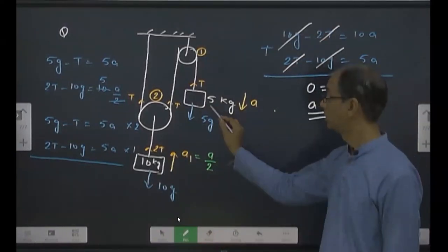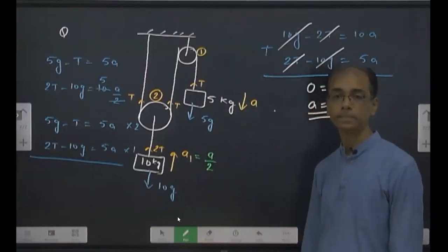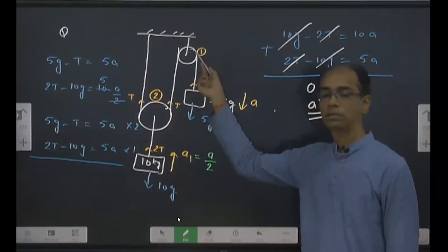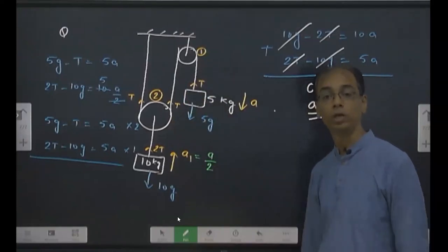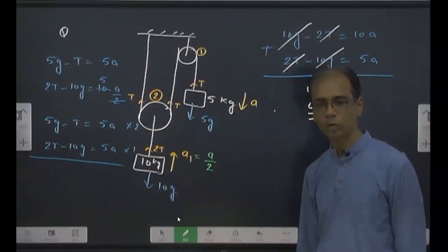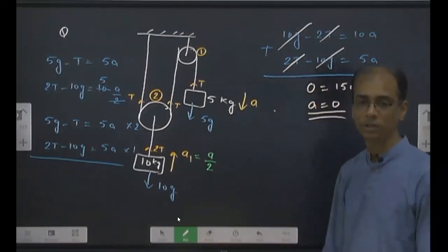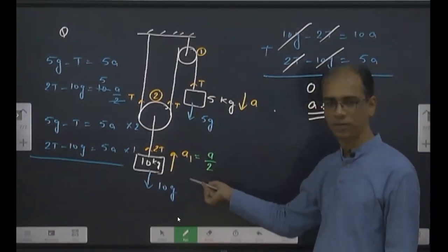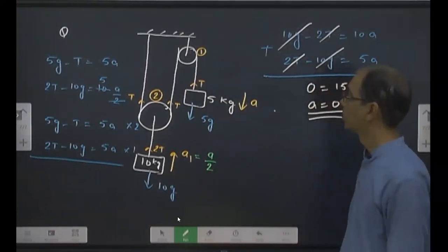That means 5 kg is able to balance 10 kg. Yes. Why? That's the beauty of these two pulleys. 5 kg is able to balance 10 kg. Okay. Then what is tension? Acceleration is 0. Fine. A is 0. This obviously A1 is also 0. Tension is what?